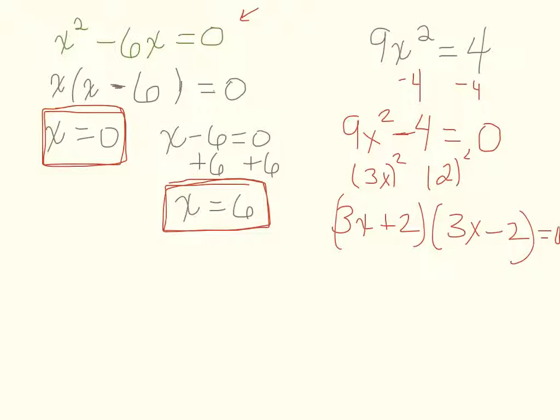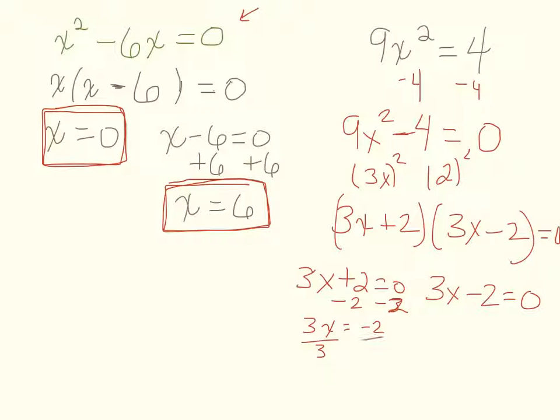Now, I have the zero product property that I can use to say 3x plus 2 equals 0, 3x minus 2 equals 0, and now I'm going to solve for x in each case. So if I subtract 2 from both sides, then I'm going to have 3x is equal to negative 2.